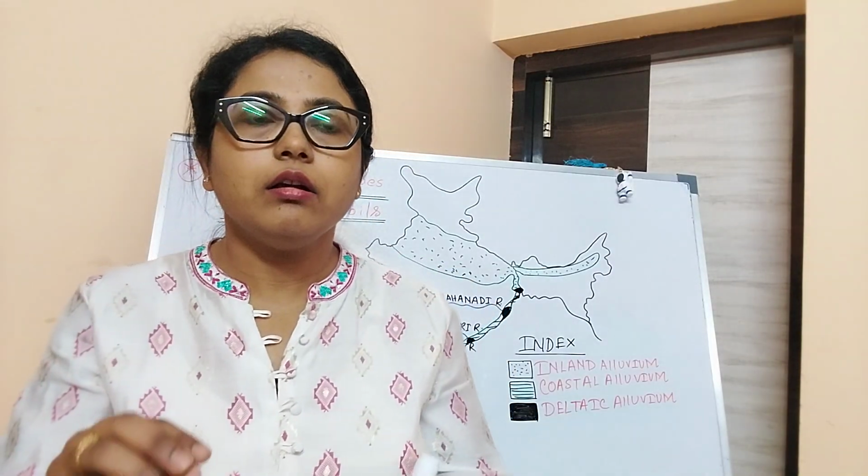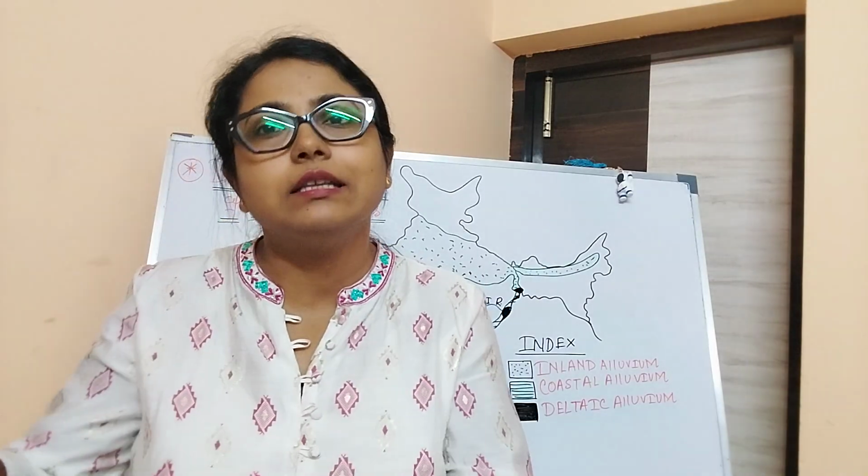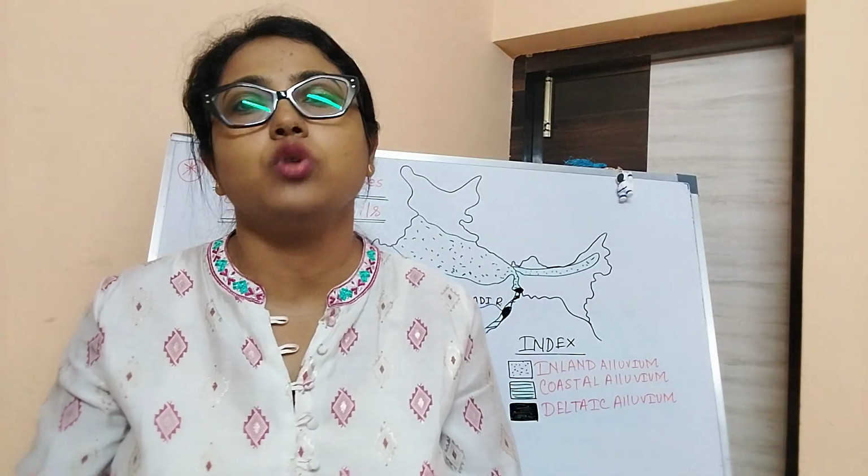So depending on this deposition, where the parent rock is away from the parent rock, the deposition takes place in other places. That's why alluvial soil is called the ex-situ soil or the transported soil.